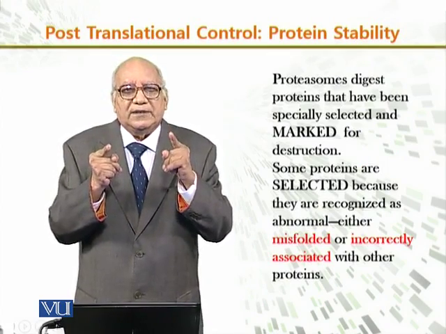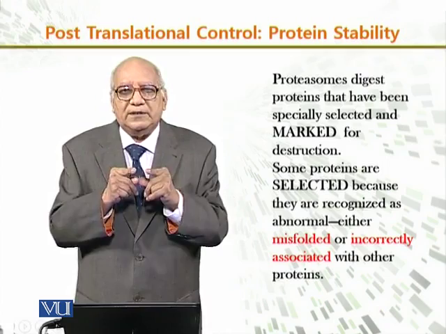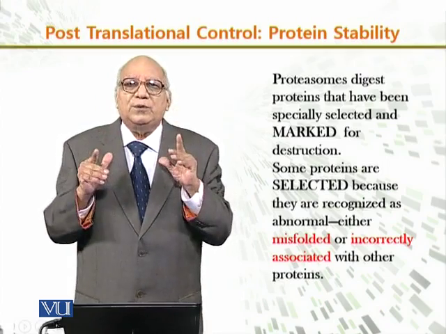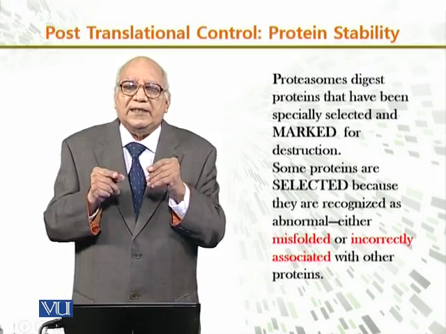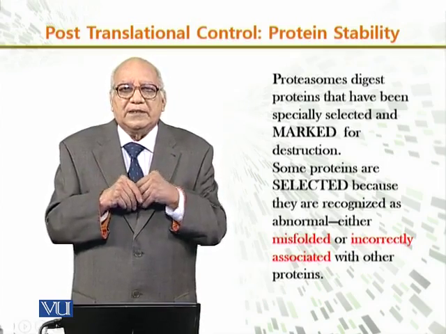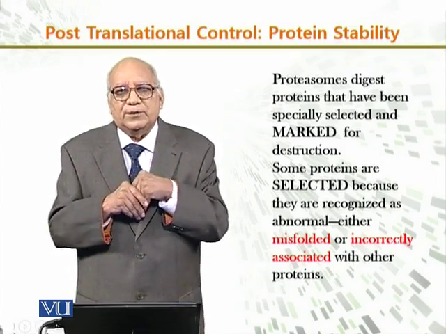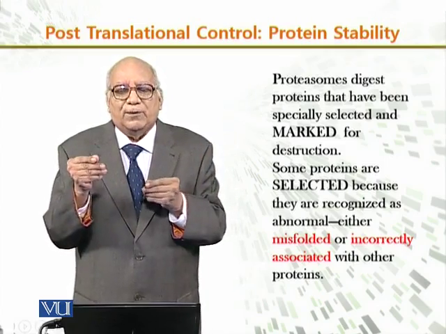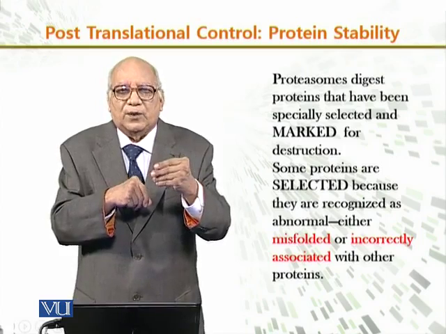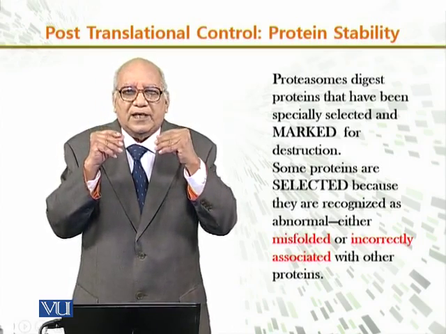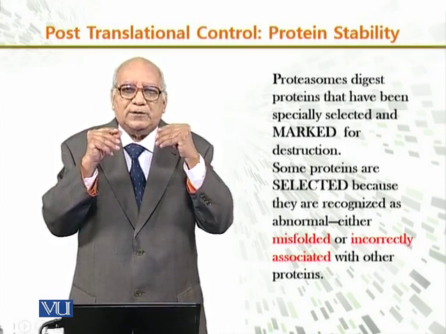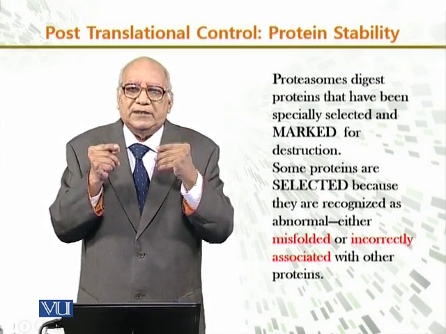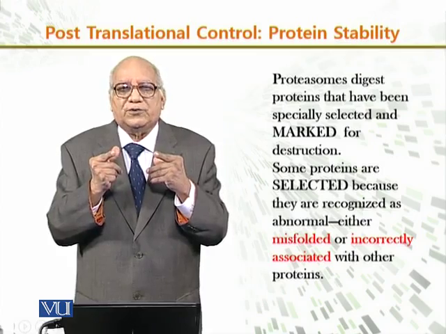Now, the cell selects the proteins, it marks them, and then proteasomes are allowed to digest them. It's not that the proteasomes are there in the cytosol or in the nucleus, and they go around, and whatever protein they find, they just degrade it. No. The cell has to first make a decision and select the proteins which are to be destroyed.